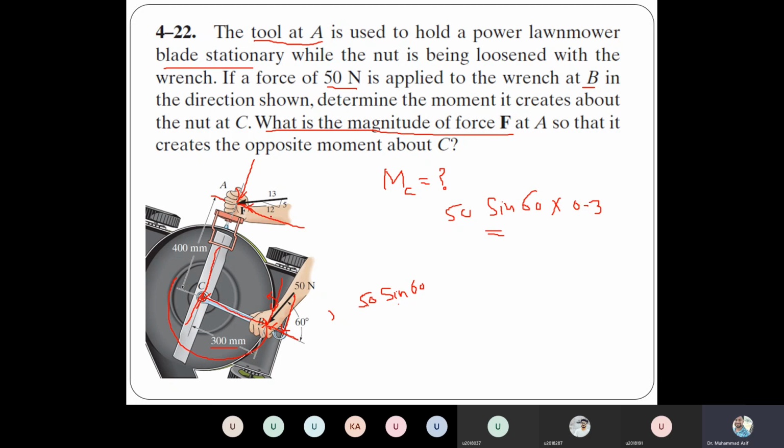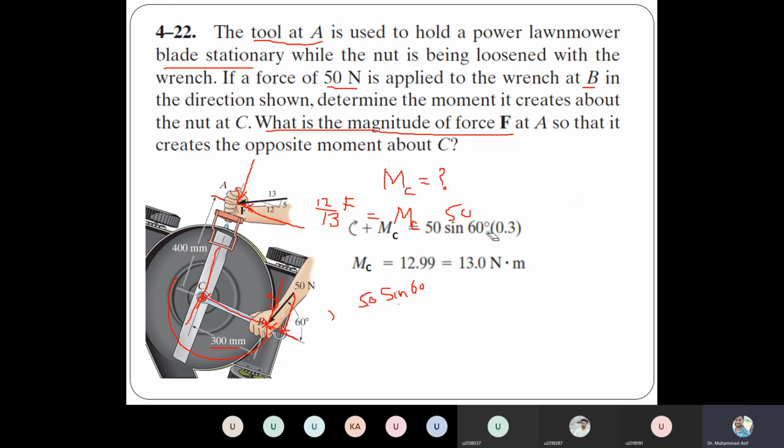Since this component is parallel to 12, it is 12 by 13 multiplied by F. Similarly, the moment created by this component is equal to the moment created by that vertical component, which we just calculated. If we equate those moments about C, which we calculated earlier, then we can calculate the value.